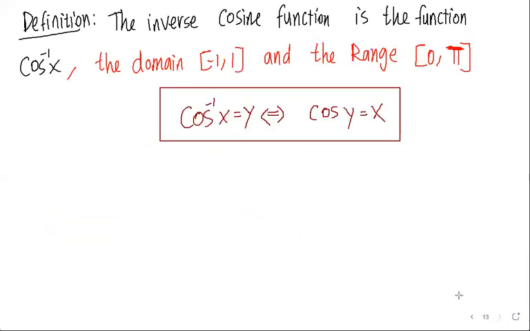Now, for the graph of cosine inverse of x, it will be something like this.